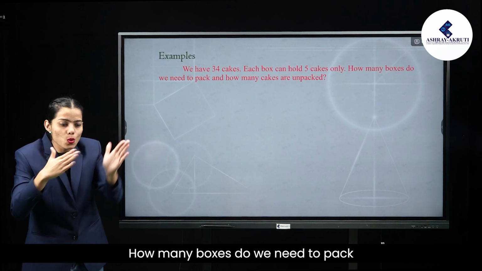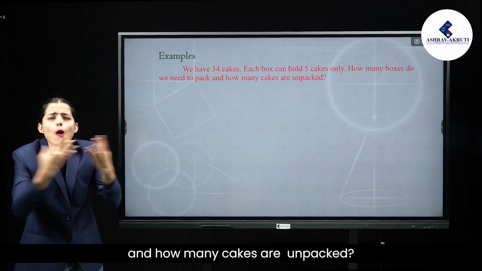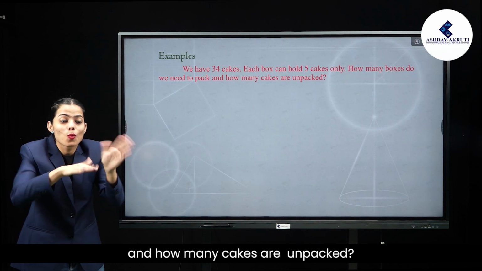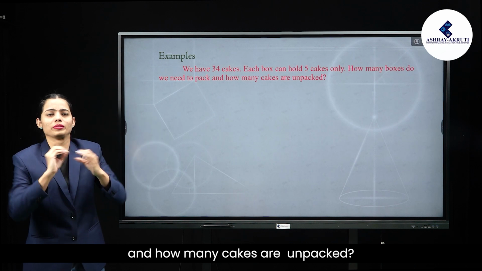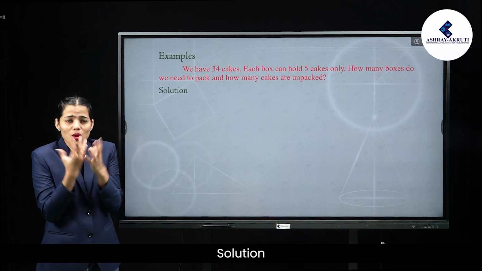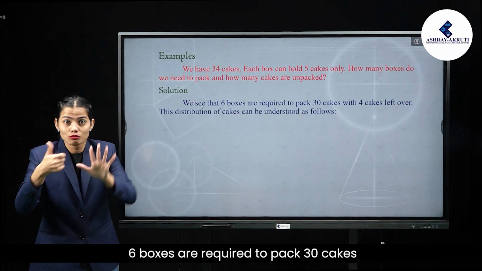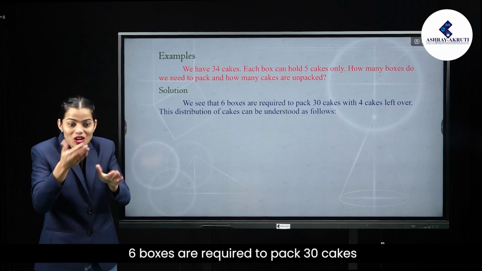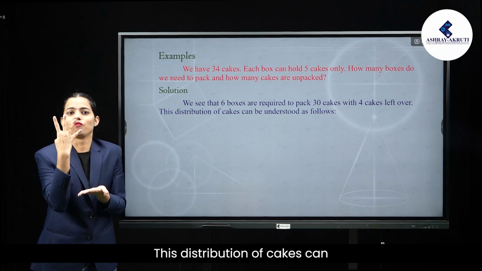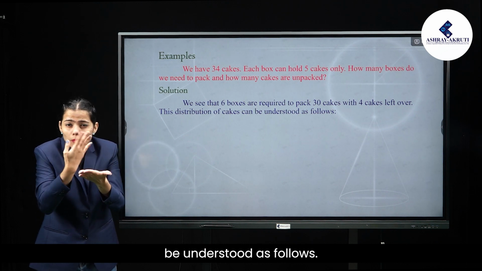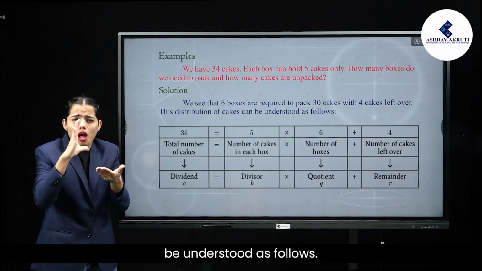How many boxes do we need to pack and how many cakes are unpacked? Solution: we see that 6 boxes are required to pack 30 cakes with 4 cakes left over. This distribution of cakes can be understood as follows.